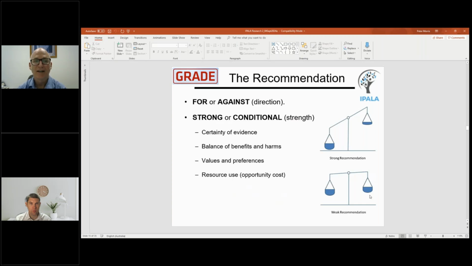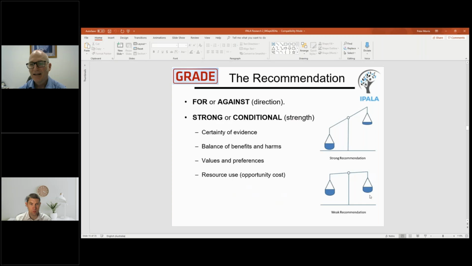Even so, if the balance between benefits and harms, and many interventions have both benefits and harms, if the balance wasn't too persuasive, or if the values and preferences of a typical population would mean that they wouldn't be keen to follow the recommendation, or at least they'd want to think about it. And finally, for the population, there might be a significant opportunity cost in trying to deliver the intervention.